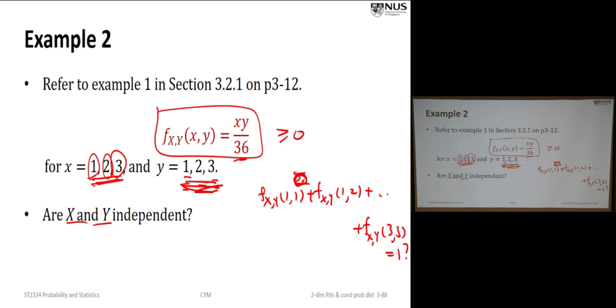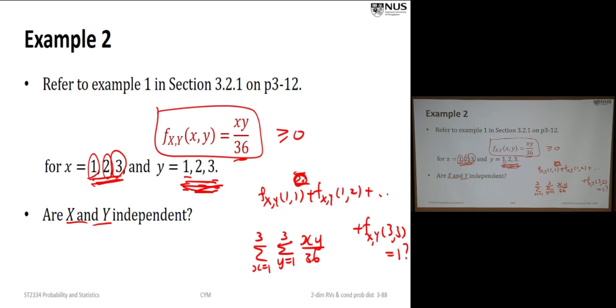To write it down in mathematical form, it simply means that we are summing up the joint PDF, which is this, when y equals 1 to 3. That means the subscript y changes from 1, then 2, and then 3. And for x equal to 1 to 3.